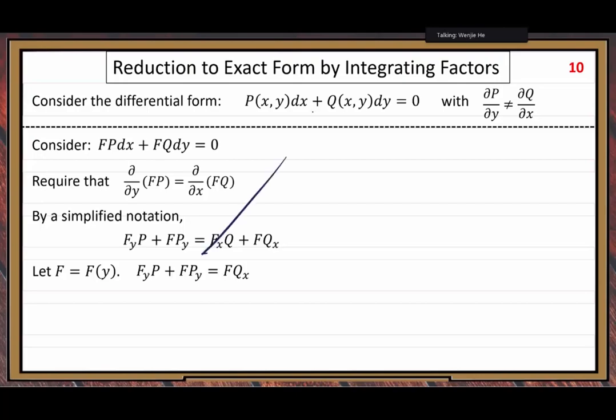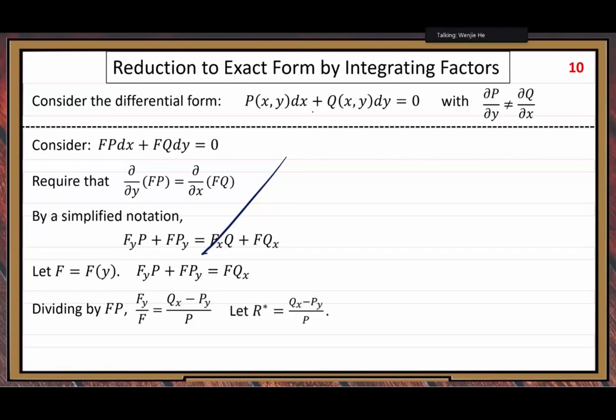So we have this simplified form, and we can combine these two terms. So we get this. This time, the left-hand side is a function of y, but the right-hand side should also be a function of y so that we can find the capital F function.